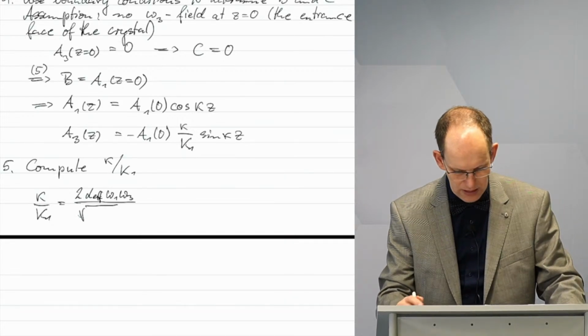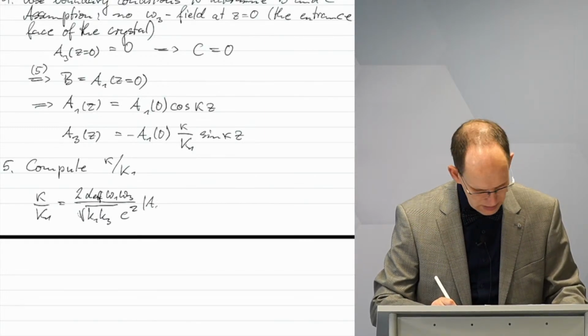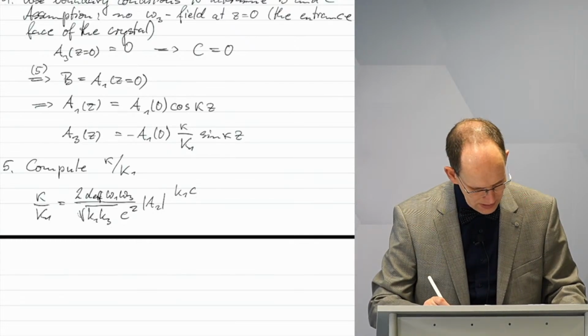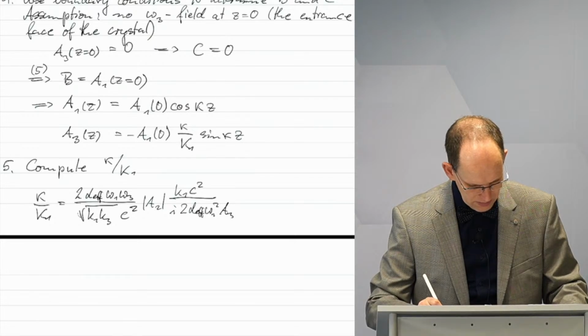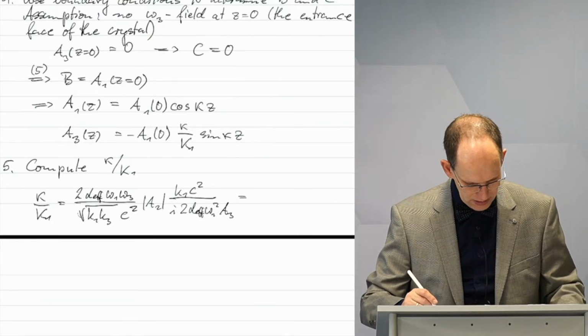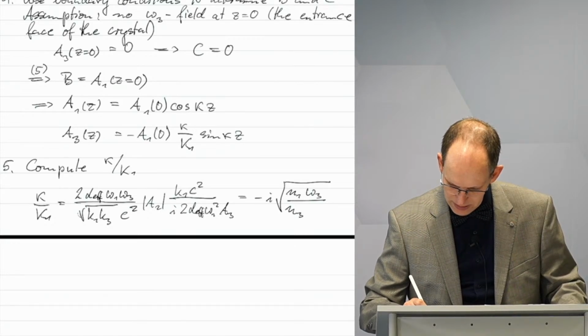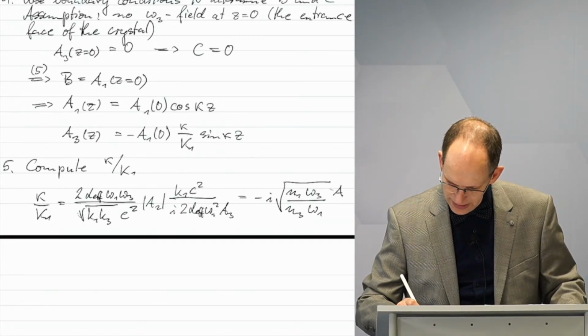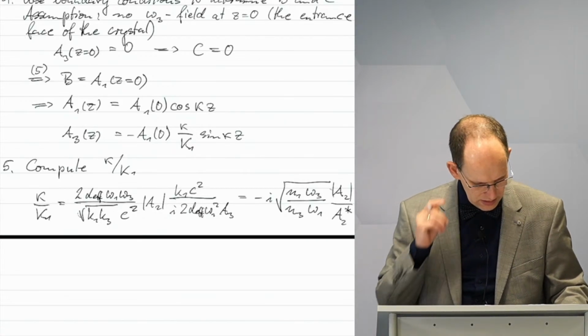I have the feeling I could have made this quicker, doing something stupid here, I'm afraid, but nevertheless. So let me write the result: we have n1 times omega 3 divided by n3 divided by omega 1, and then the magnitude of a2 divided by a2 star, right?